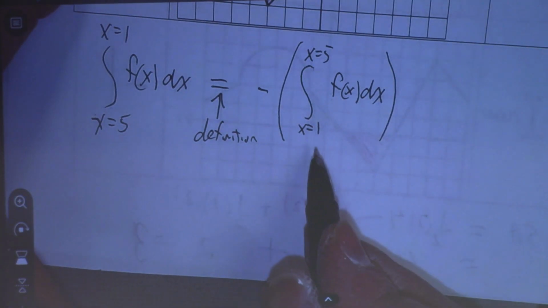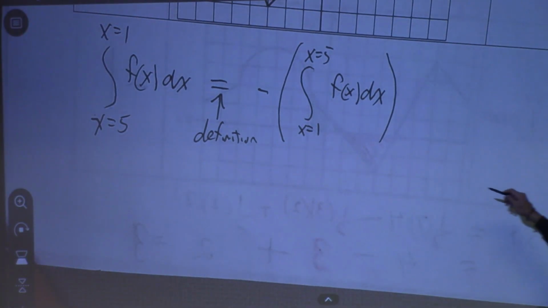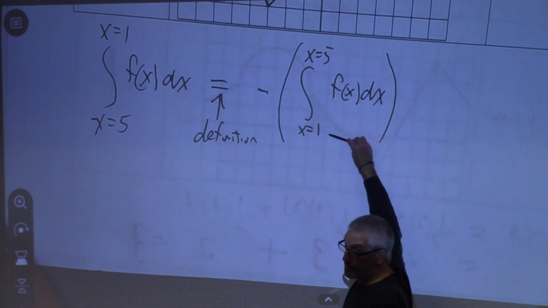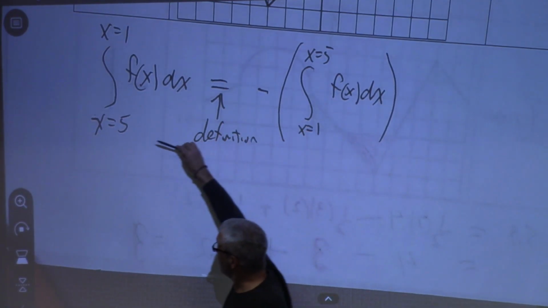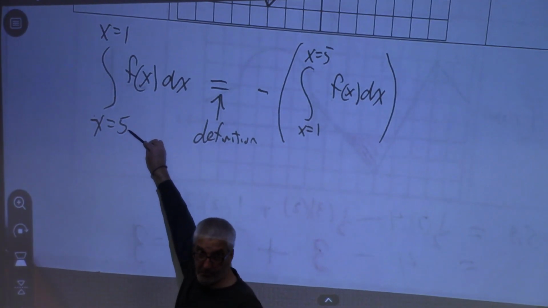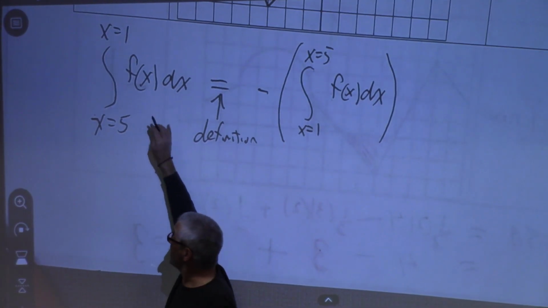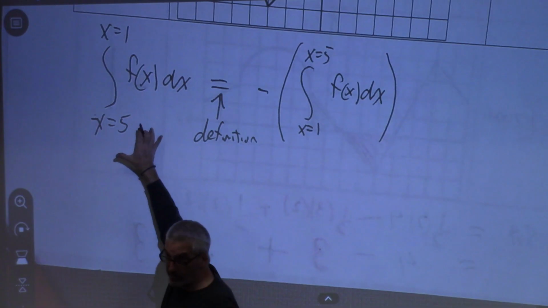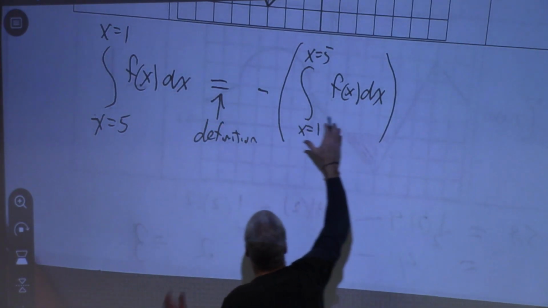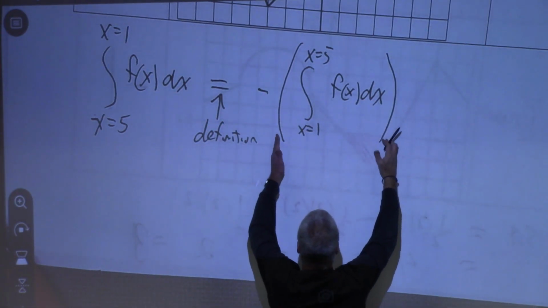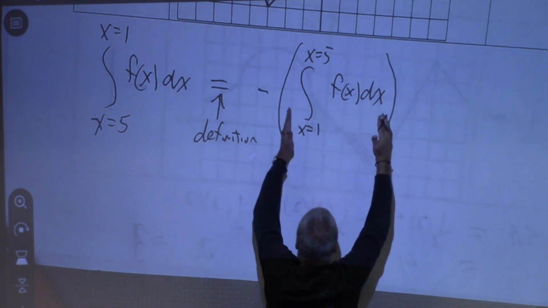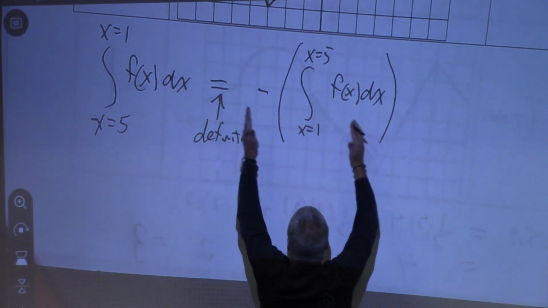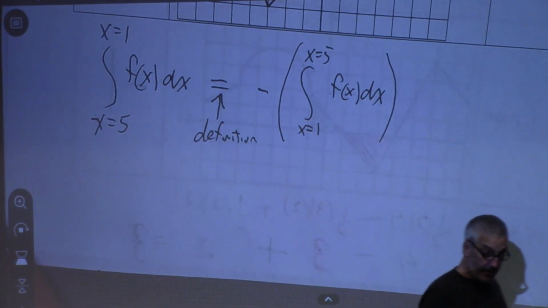That thing does have a valid interval associated to it. It's the interval that starts with 1 and ends with 5. So this symbol, there is no interval that starts with 5 and ends with 1. So when you see this symbol, the first thing you have to do is turn it into something that we know how to deal with. So then you do the usual thing. You do the shading of the regions, you get the value of this, it'd be a number, you stick a negative sign in front of it, and that's how you get that.